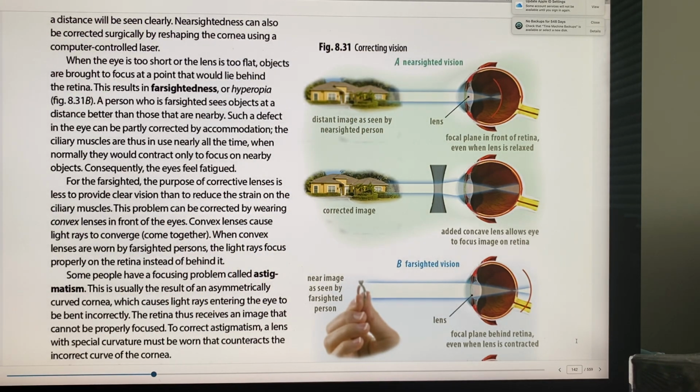Another word for nearsightedness is myopia. It's the ability to see only near objects clearly. So when you're looking at a distance, you can't see very well.